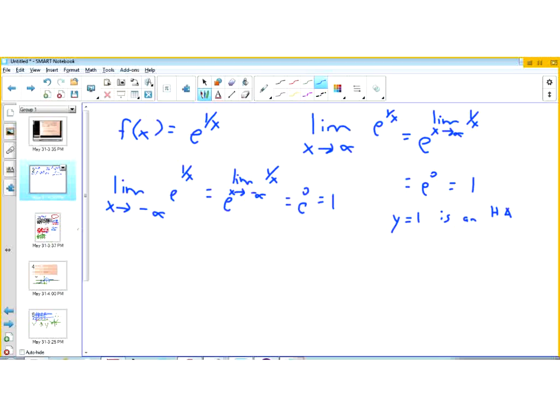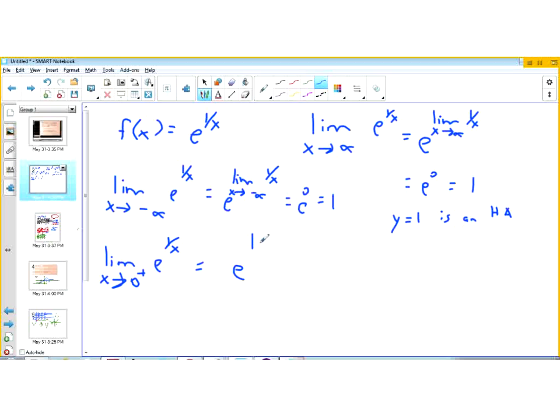Now, obviously 0 is not in the domain of the function, so consider the limit as x approaches 0 from numbers bigger than 0 of e to the 1 over x.